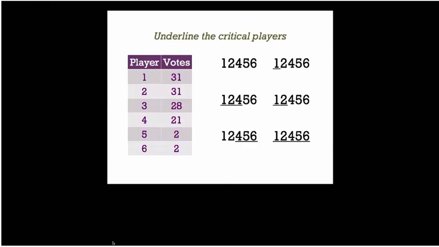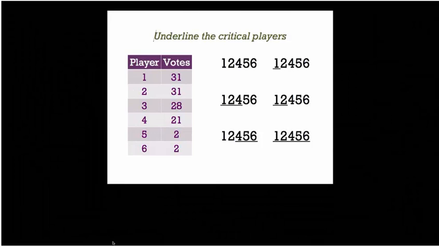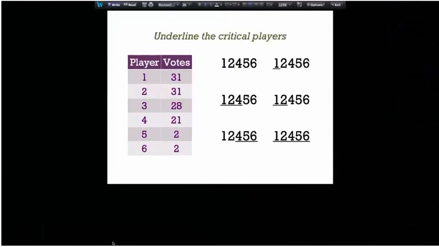Okay, so I hope you've worked out the answer, and the correct answer happens to be that players 1 and 2 should be underlined, and the other players 4, 5, and 6 don't need to be underlined. So why is that? Well, let's consider first of all player number 1.